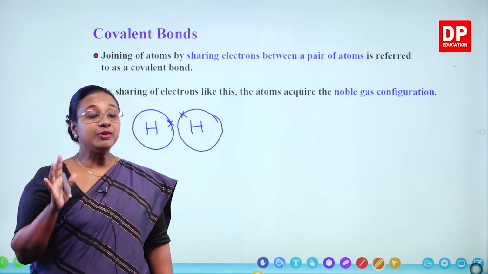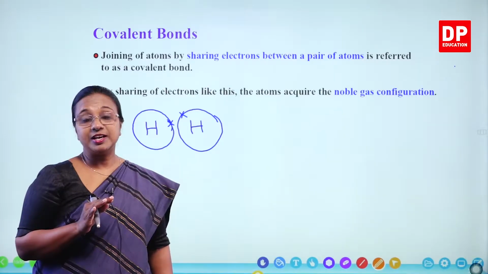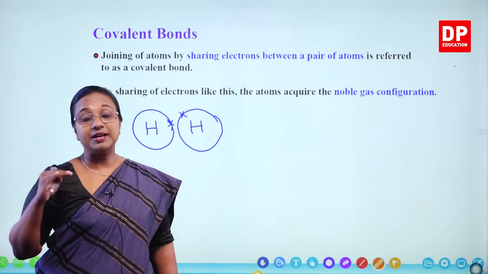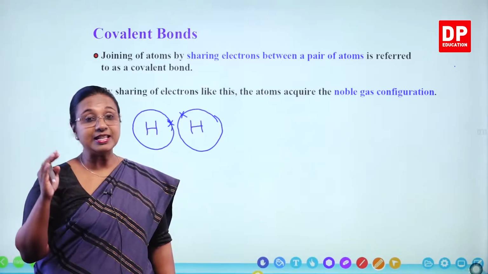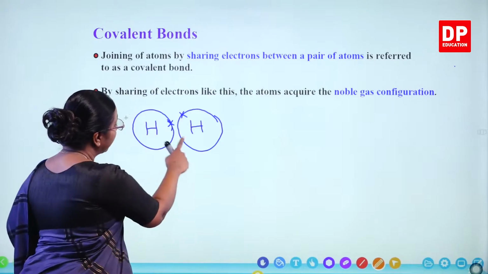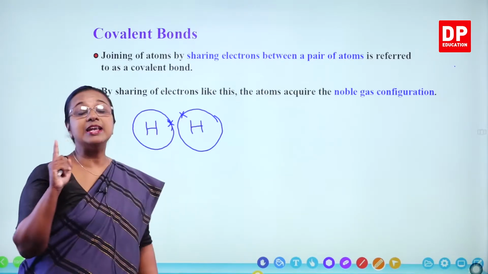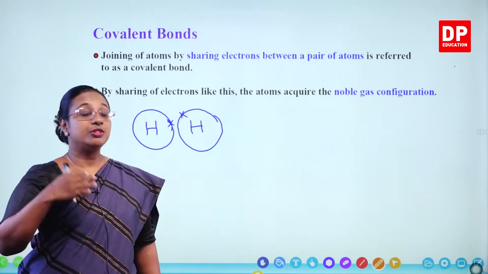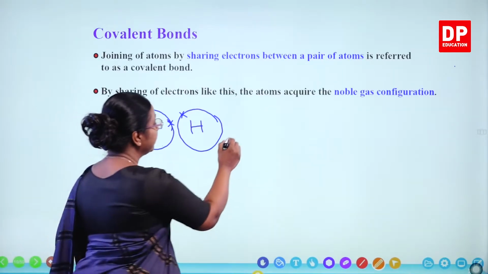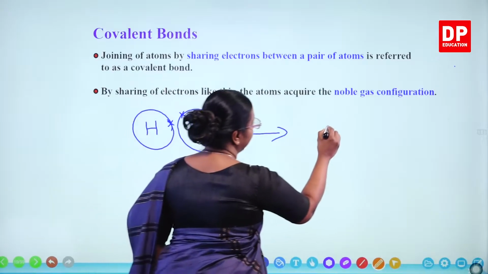For them to get the electronic configuration similar to helium, the noble gas in the same period that has the stable electronic configuration, both hydrogens need one electron each. So instead of losing or gaining electrons, they share the electrons.